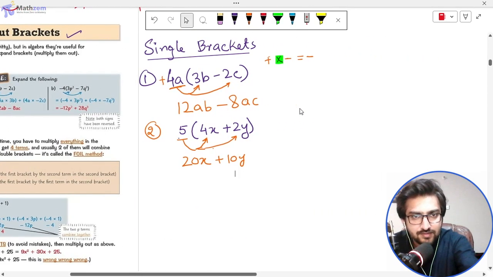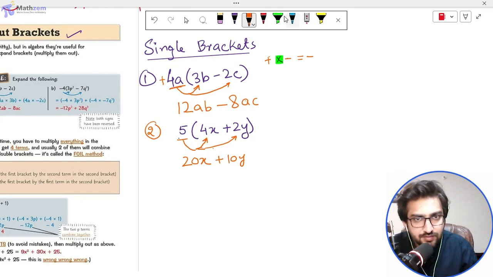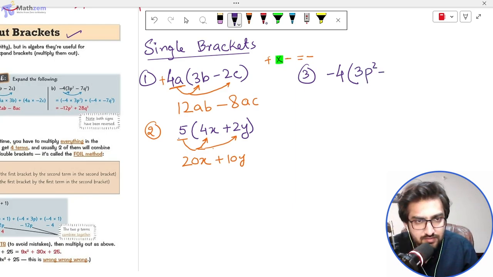Now let's take another example. Example 3, and that is minus 4 bracket 3p square minus 7q cube.